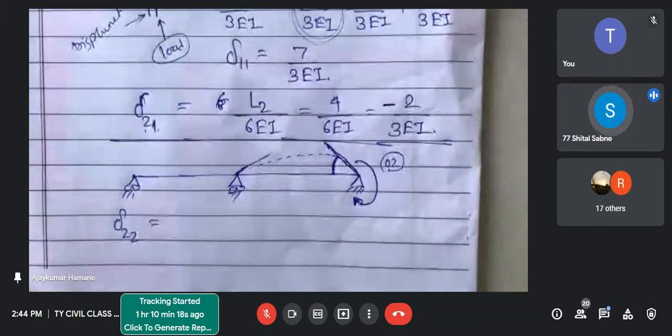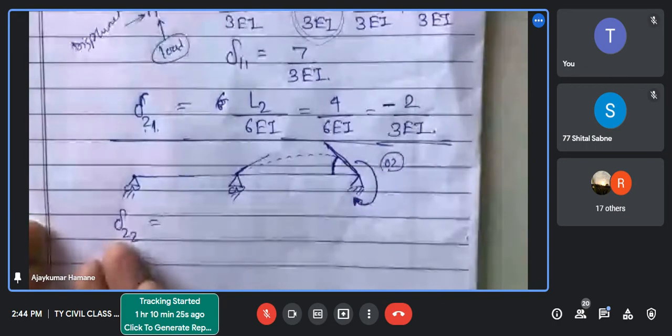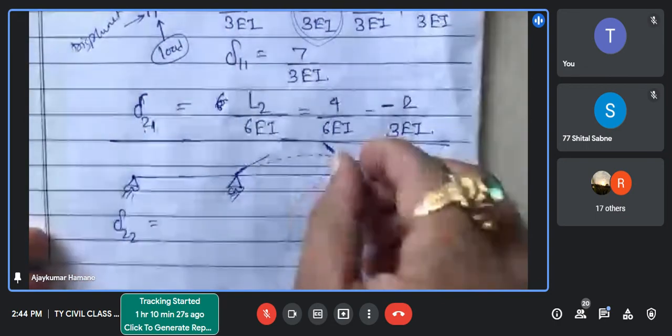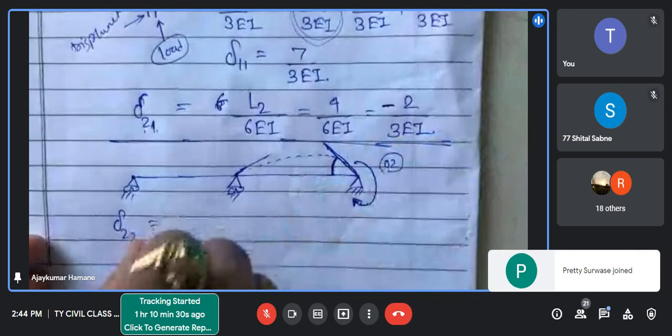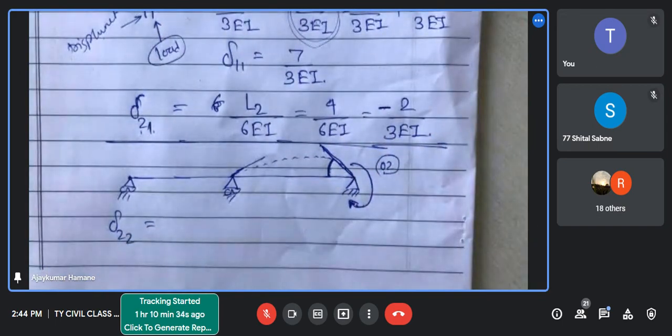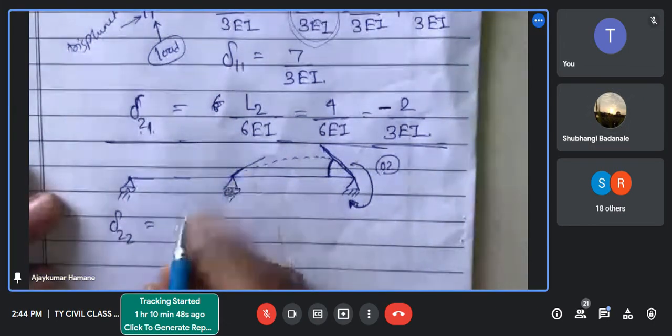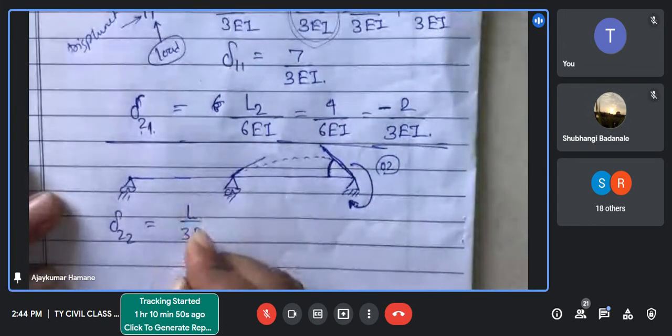It is not WL cube by 24, because here there is no loading. What is the flexibility? When we apply the moment, what is the rotation at this end? See the table. L divided by 3 EI. Simple.